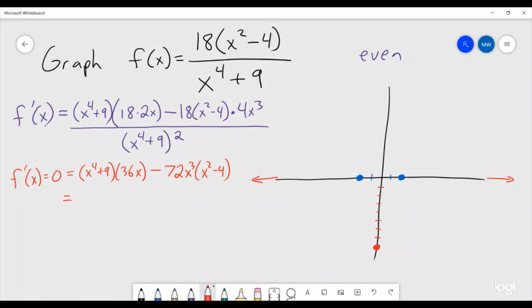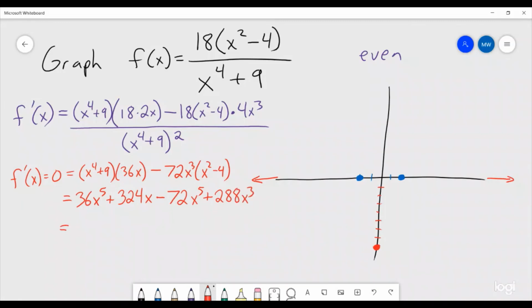Distributing all of that through gives us 36x to the 5th. 9 times 36, that's 9 times 9 times 4, so that's 81 times 4, which is 324x. Then we have a minus 72x to the 5th. And then a plus 4 times 72. 4 times 72 is 280 plus 8, so plus 288x cubed.